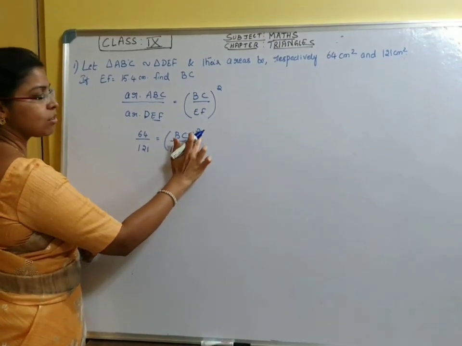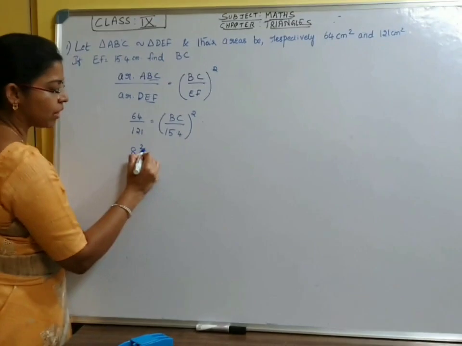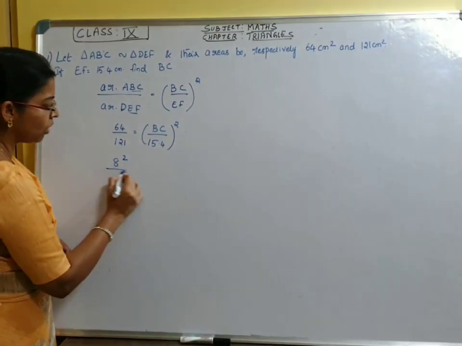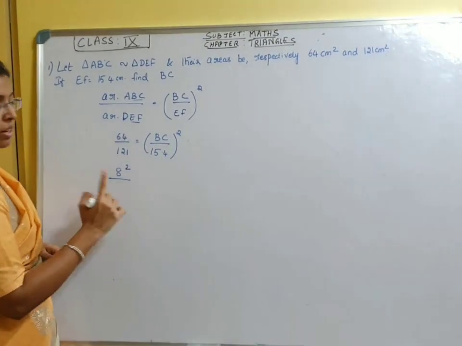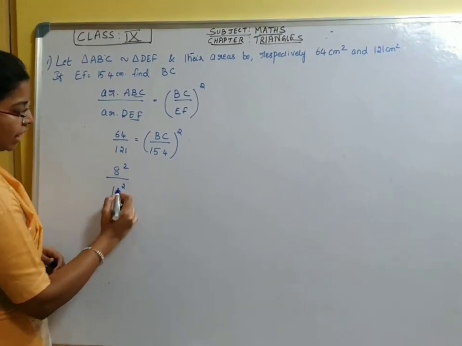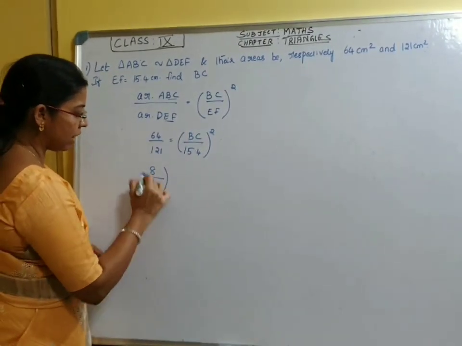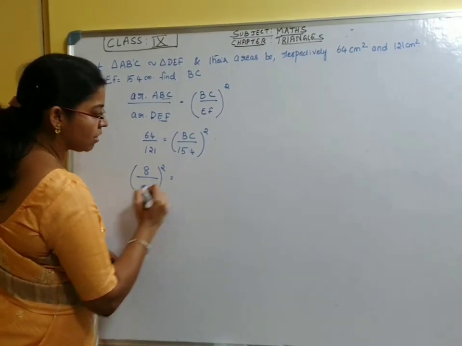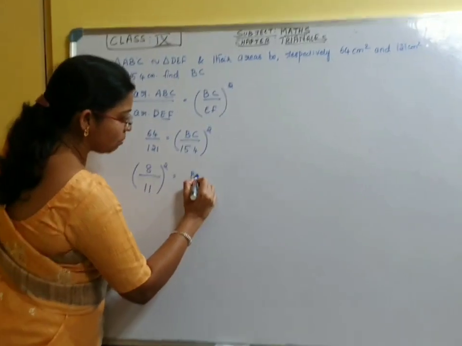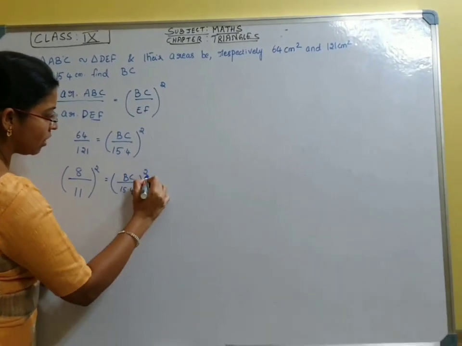Right hand side there is a square and these are perfect squares. 64 is 8 square, 8 into 8 is 64, and 121 is 11 into 11. So they are perfect squares. Instead of writing 8 square by 11 square, we can write 8 by 11 the whole square is equal to BC by 15.4 the whole square.